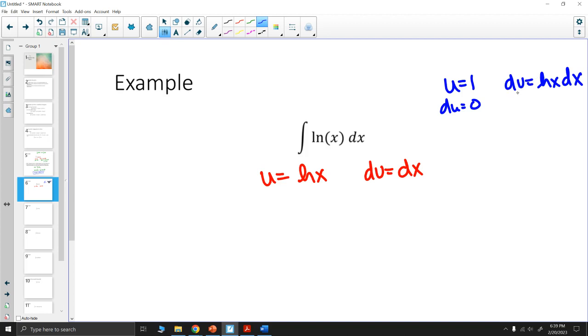Now, the problem is if you were to try and find v, you are integrating natural log of x. But notice, well, that's what we're trying to do. So obviously that's not going to work. So if you're ever not sure, try it. It's not a big deal. But notice we are integrating ln of x to get our v for our integration by parts, and that's what we're trying to solve anyway. So that's not going to do us any good.